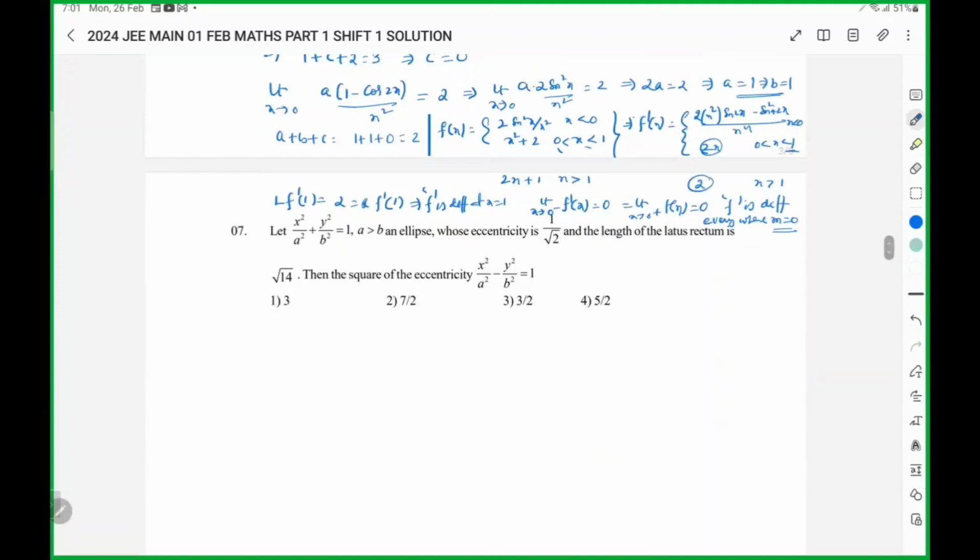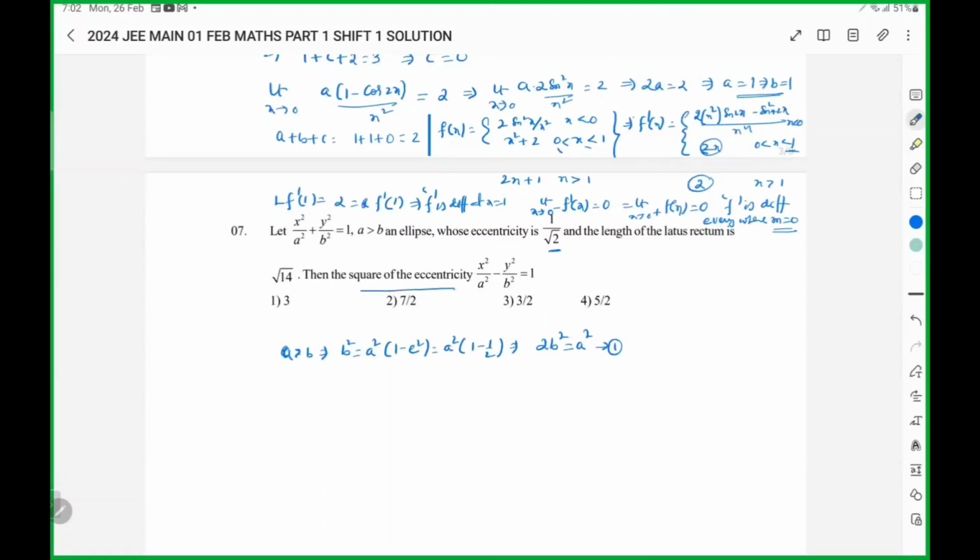Here, whose eccentricity is 1 by root 2, that is e is equal to, so he told a greater than b, b square is a square into 1 minus e square, e he given 1 by root 2. From here 2b square is a square, this is one relation.